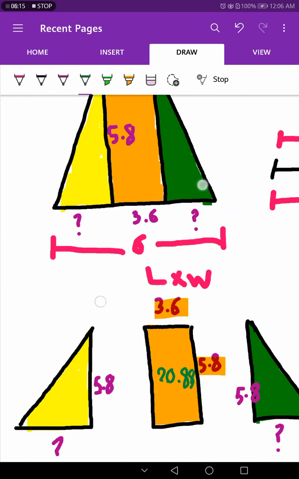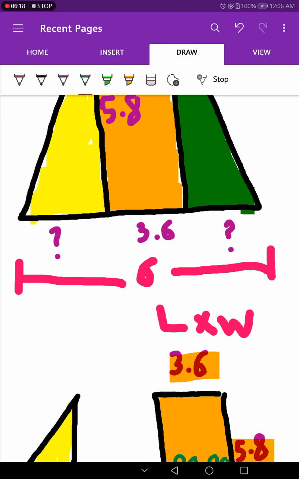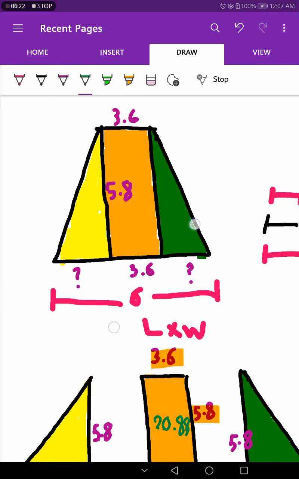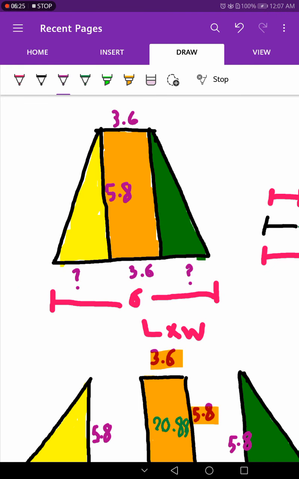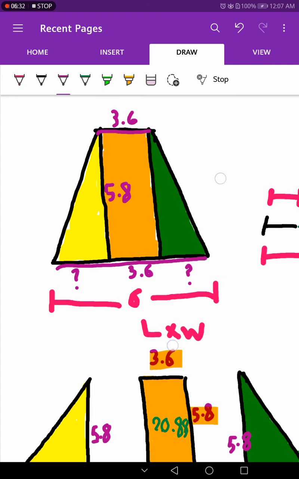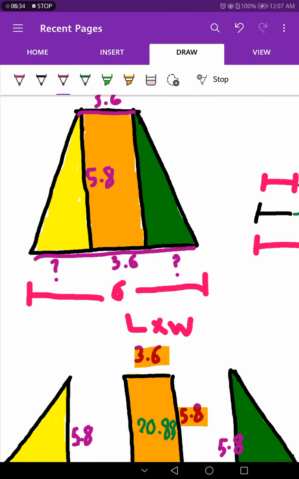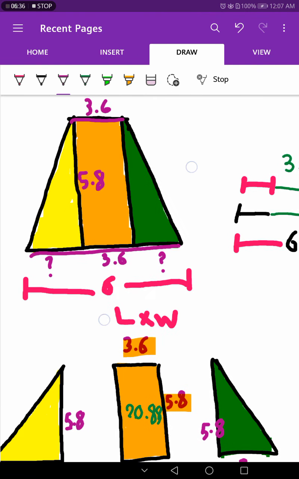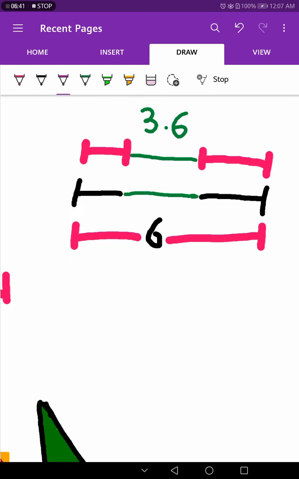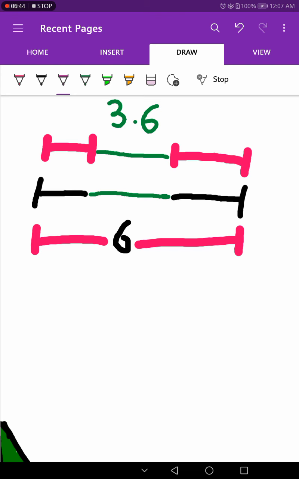You can get them from here. See, he gives you the two bases of the trapezoid: the small one up, and the long one down. The down one is 6, and the up one is 3.6. Subtract them. From here to here it is 6.